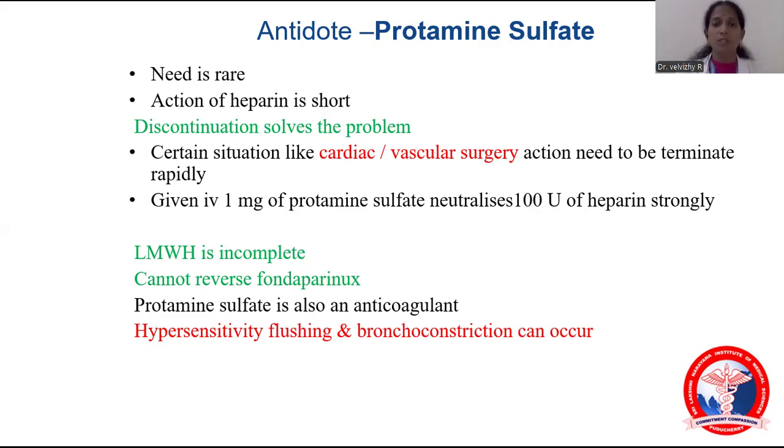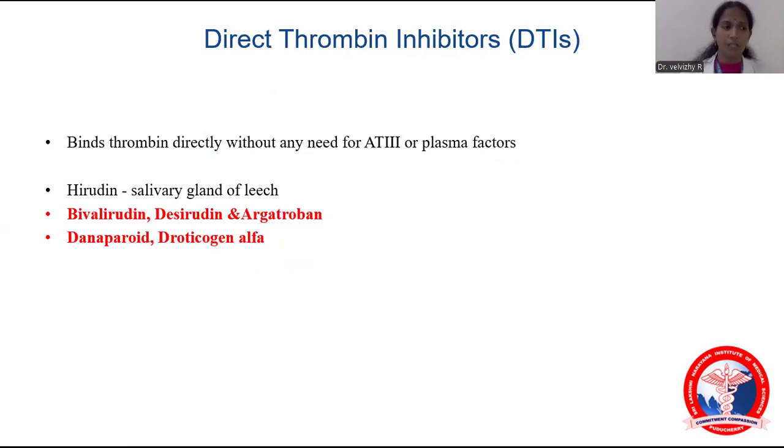In those cases we can go for protamine sulfate. 1 milligram of IV protamine sulfate neutralizes 100 units of heparin. So based on the units you have given, you calculate and give the protamine sulfate. In case of low molecular weight heparin, it reverses partially, whereas synthetic heparins like fondaparinux are not reversed. Yeah.